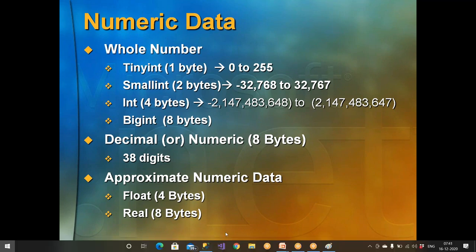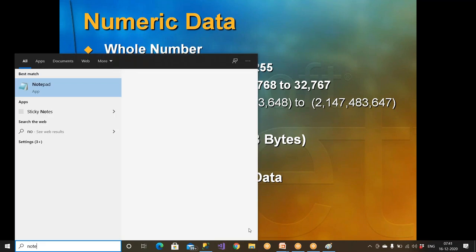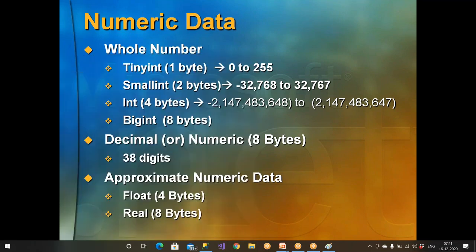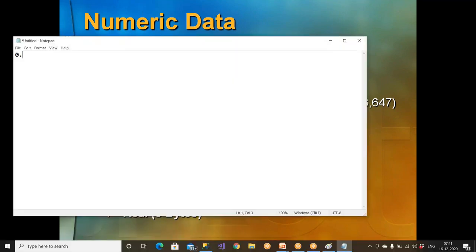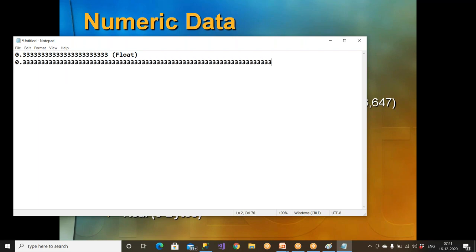For example, if I store approximate values, approximate means recurring numbers. If I say 3333, up to this a float can store. And 0.3333, it can store much more. So it can store up to this, and it can store some more.